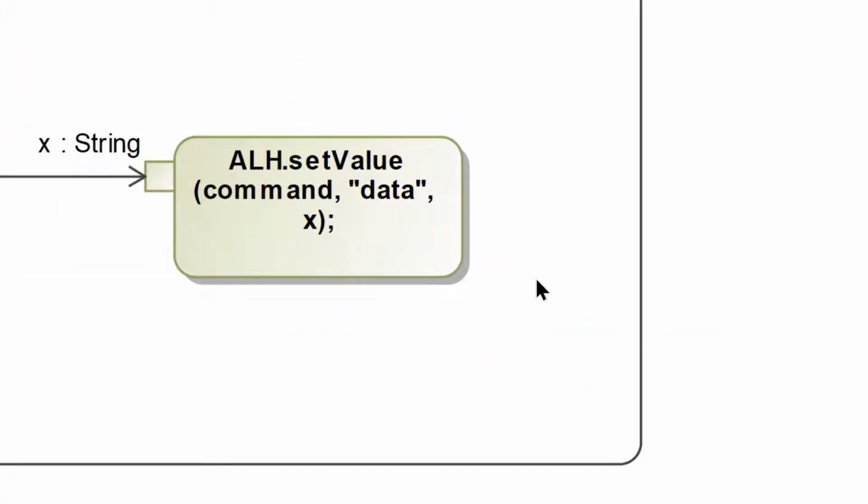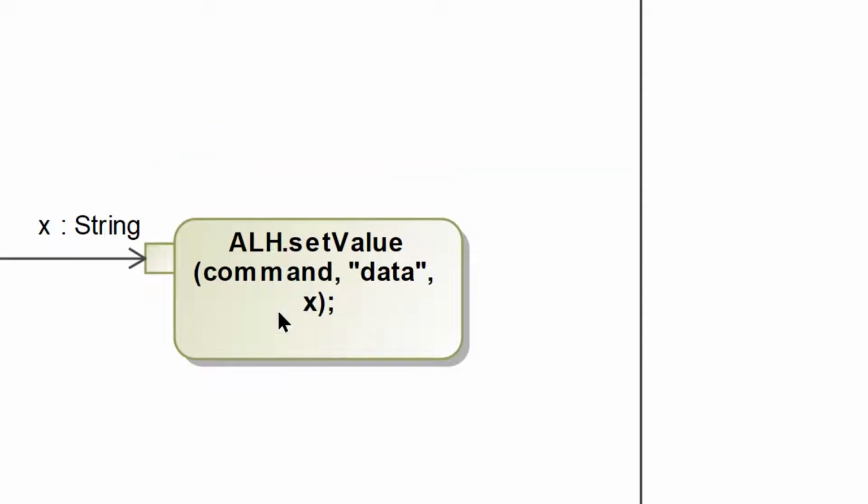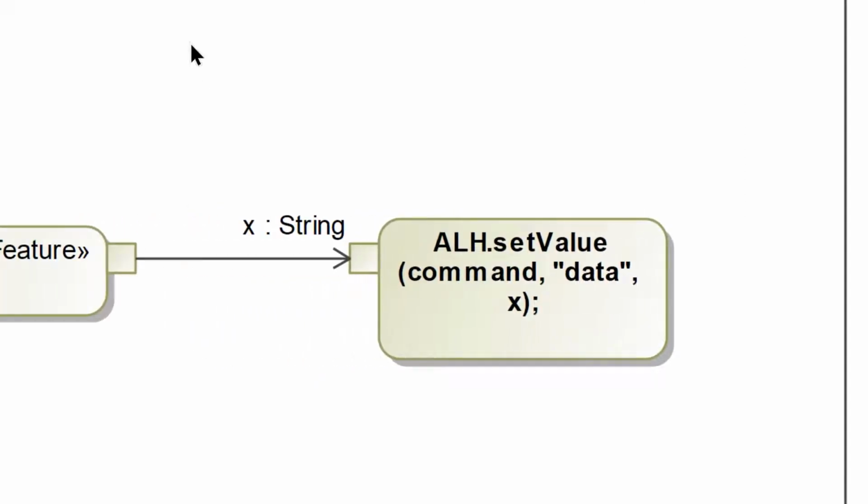So ALH.setValue of its property, so of the block executing this, its property that's named command, and then its property named data, we set that to whatever shows up in this port that is named X. And that will be whatever data we send it.